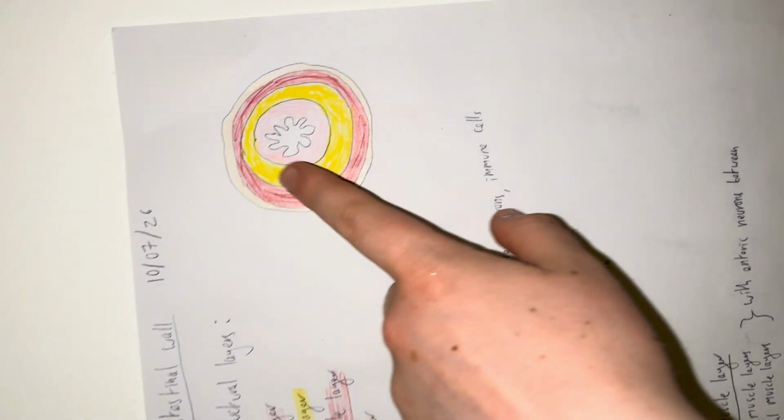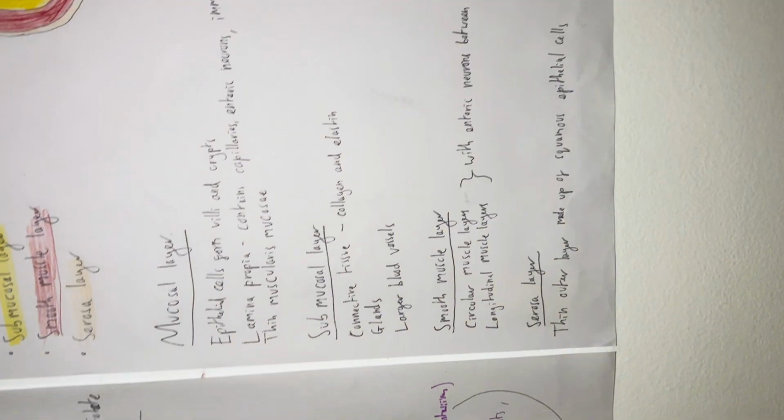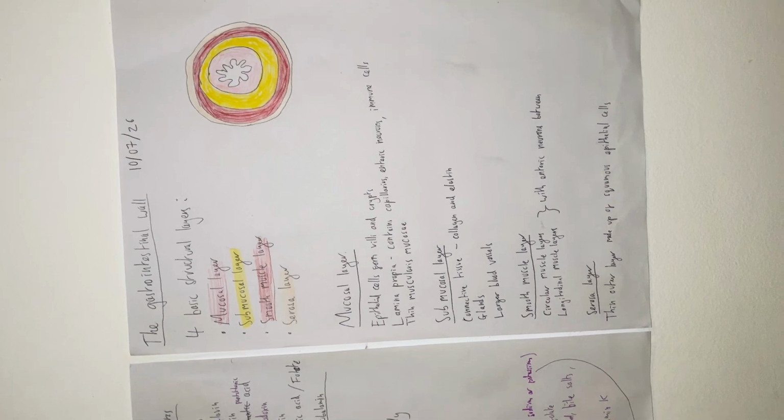And then finally, as the outside layer, sort of like the wrapping paper for the whole intestine wall, we have the serosa layer. Bit of a tricky name to remember, it's serosa, and it's just sort of like a thin outer layer made up of squamous epithelial cells. And there we go, that is the gastrointestinal wall.